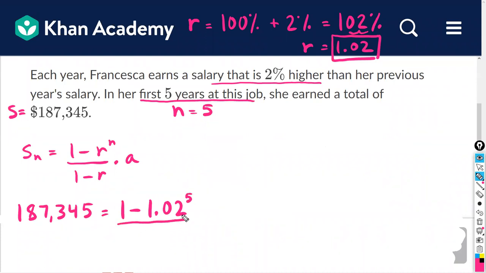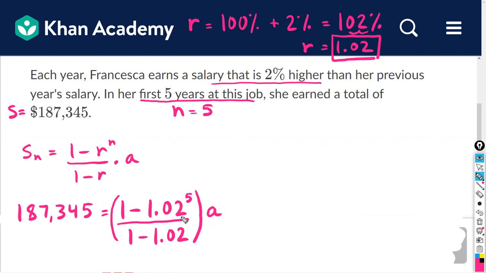And that is divided by 1 minus R, so again, 1 minus 1.02. And this entire mess is multiplied by the number A, A being the first term, which would represent the first year's salary.